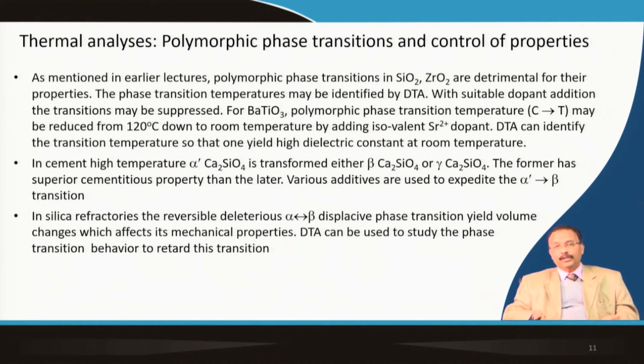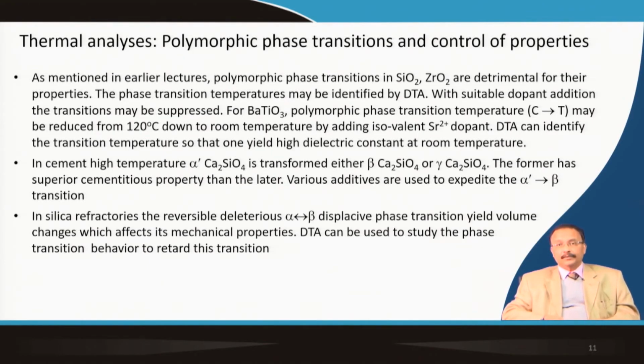In the case of zirconia, the cubic phase can be stabilized at room temperature, which will not undergo any polymorphic phase transition. That is good for the property that these materials are used for. So in those cases DTA is absolutely necessary.